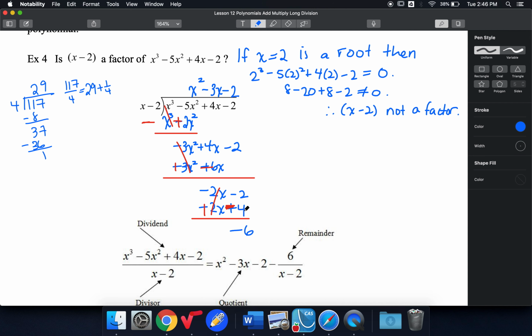Now, x times what makes negative 6? Well, I would have to do negative 6 over x, and up here I want to have only monomials or polynomials, so no x's in the denominator. This is now my remainder.